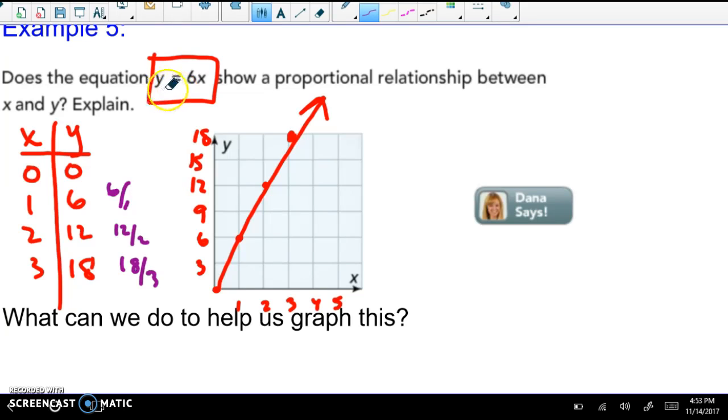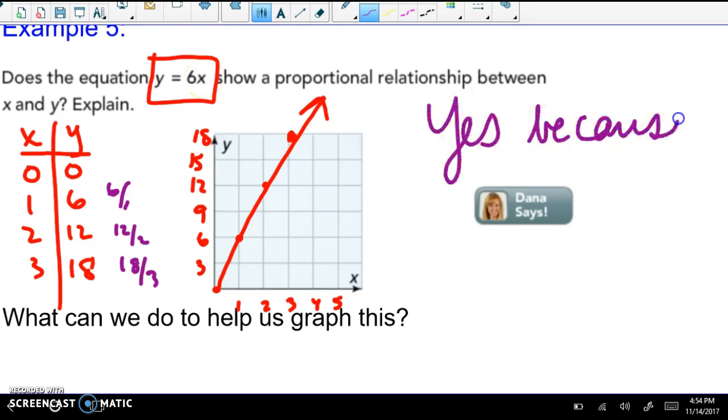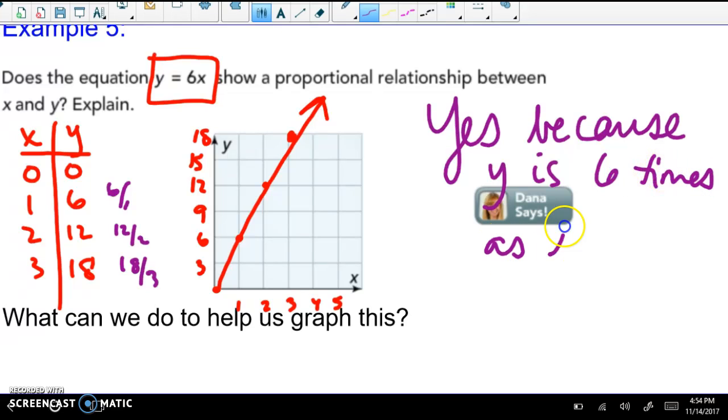And as I look at this equation, I can see that y equals a constant multiple of x. Y is always going to be 6 times as big as x. So this is going to be proportional, and I've proved it all 3 ways. So y is 6 times as large as x, which is the definition of a proportional relationship when y is a constant multiple.